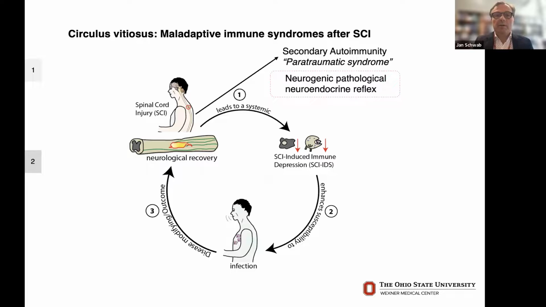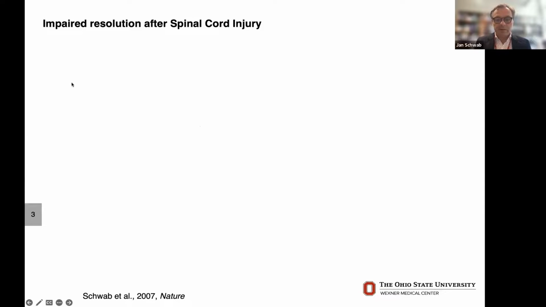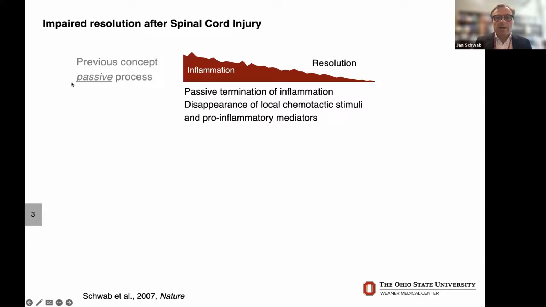With that, I would like to touch briefly on the last maladaptive syndrome related to impaired resolution after spinal cord injury. Still, to this day, in some textbooks, you will find that resolution is just a passive phenomenon, basically due to the disappearance of local chemotactic stimuli or the reduction of pro-inflammatory stimulators or mediators.